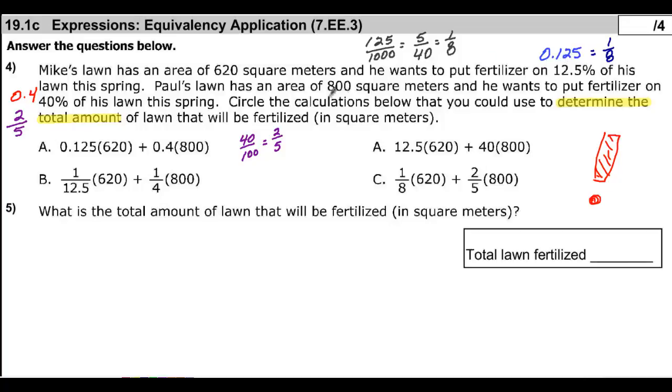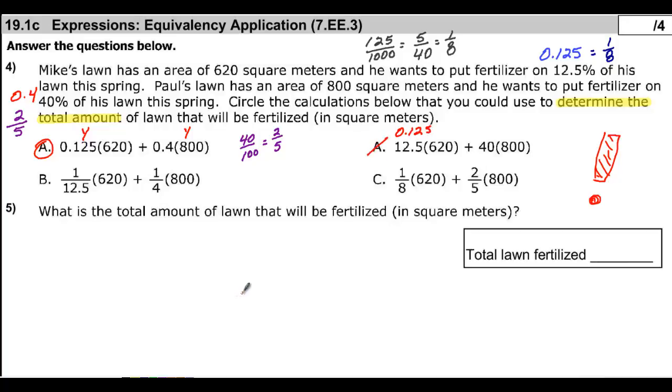Because now, for the top part of this, for question 4, everything is matching those up. So the correct decimal, 0.15 times 620, yes. The correct decimal, 0.4 times 800, yes, that one works. The incorrect decimal, nope, that would need to be 0.125.